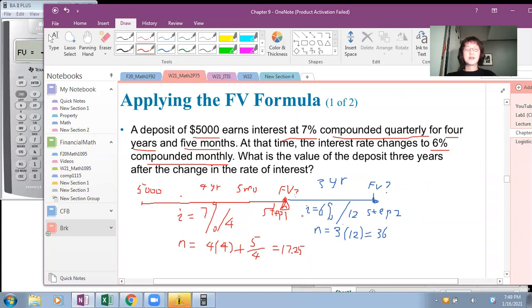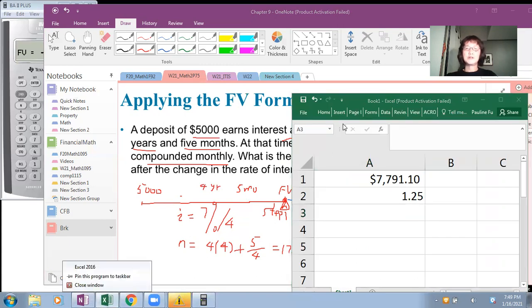So now I'm going to use Excel to do it first, then I will use financial calculator. Finally, I will use formula. So 3 different methods to solve this question. So first, I'm going to use Excel.